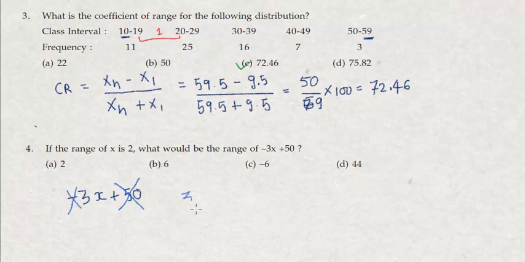So now we have the rest, 3x. Just put the range of x here and get the range of y. The range of x is given to us, it is 2, so 3 into 2 is equal to 6. This is the range of y. So this is a very easy question.